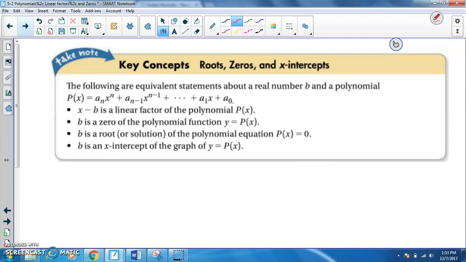B is a zero of the polynomial function. So the opposite of whatever is inside the parentheses is our zero. B is a root or a solution of the equation. And B is an x-intercept for the graph y is equal to the polynomial function.